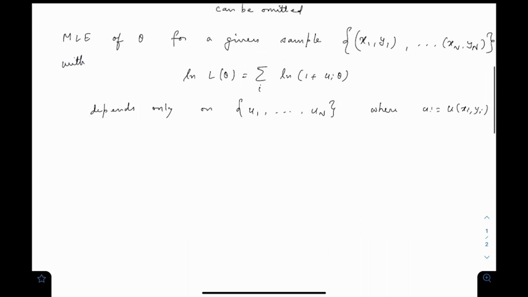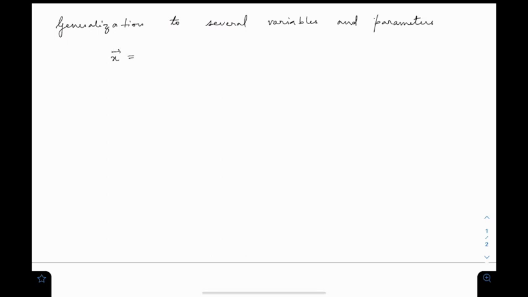Let's see how this can be generalized to several variables and parameters. So let's say vector x denotes n variates.